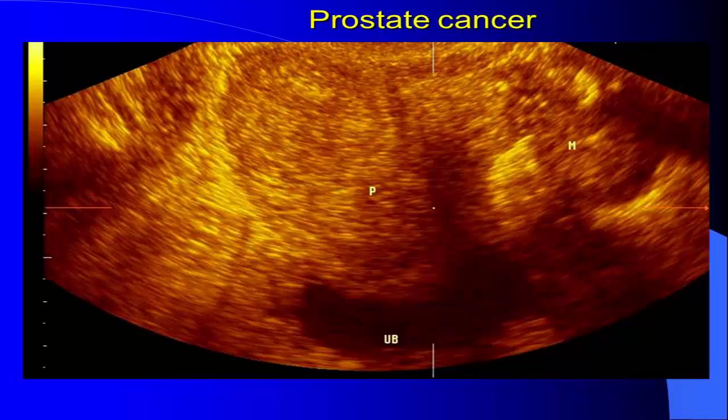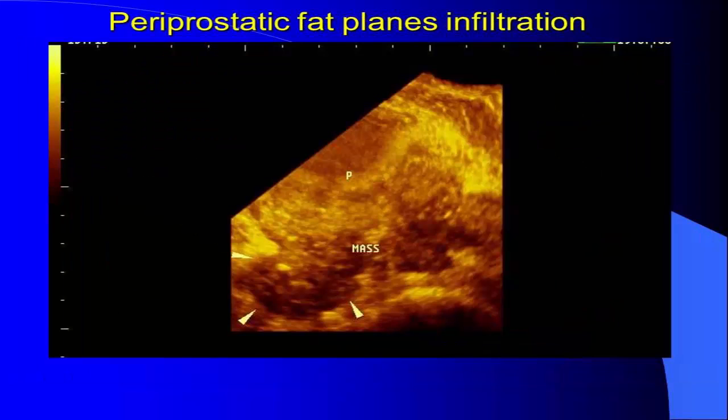A frontal scan of prostate cancer which is seen extending behind the prostate capsule. A 3D reconstruction of a cancer involving the base of the prostate gland with extraprostatic fat plane infiltration.